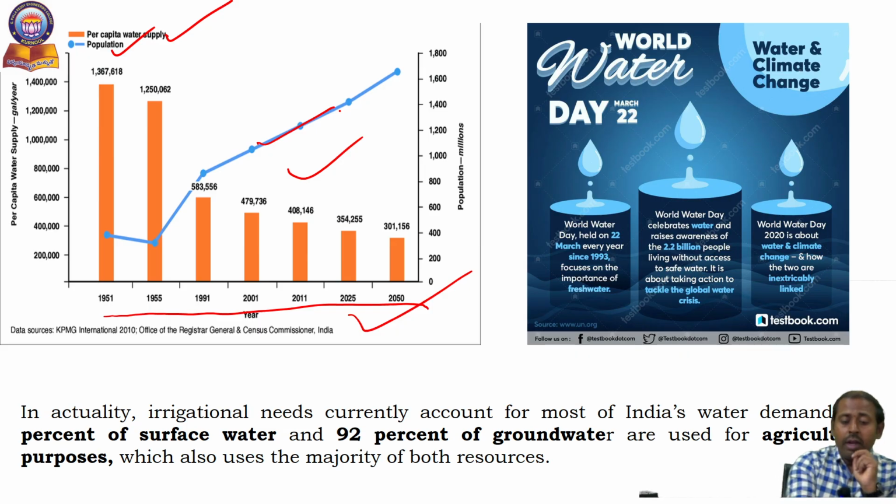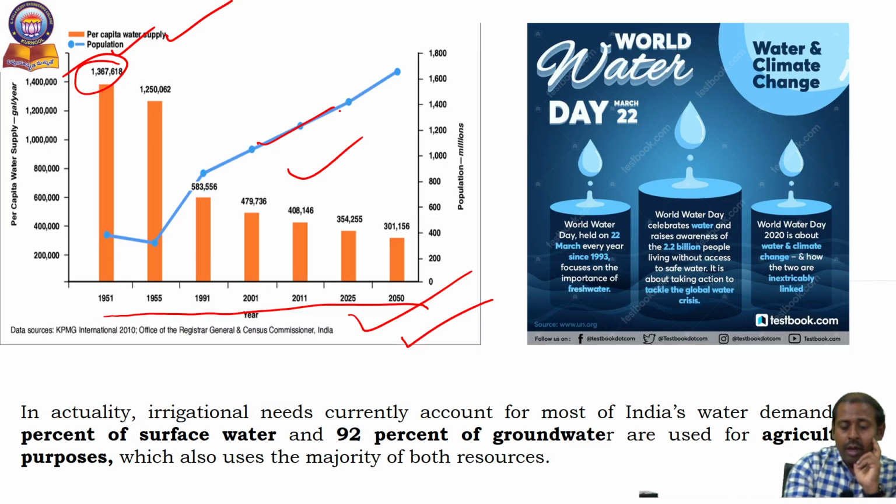When this graph is observed clearly, in 1951 the water supply was 1.36367,168 gallons per year.